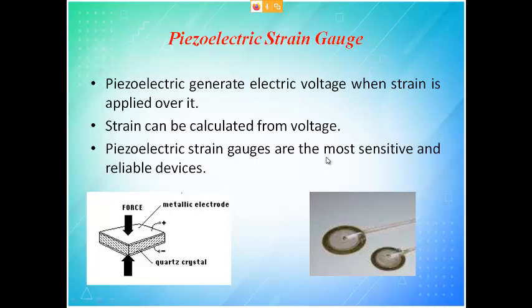That works on this principle only, the piezoelectric method. Even at home, if you want to catch a thief, you can put a bed sheet and below this keep this piezoelectric material. If they come and stand on it, it will automatically generate a voltage, and you can turn on your light or set off a burglar alarm. All such things you can do.